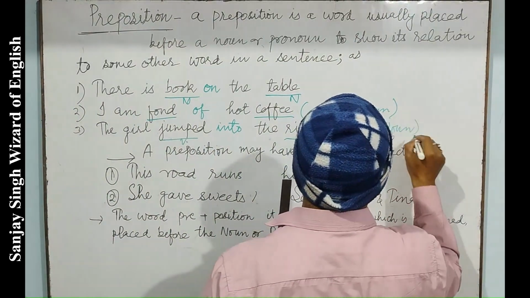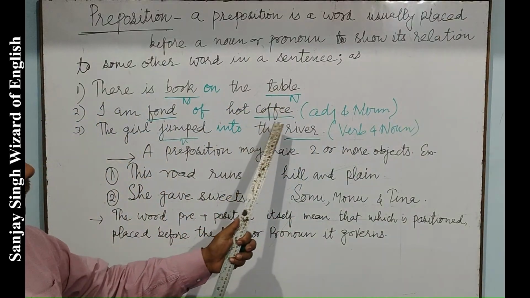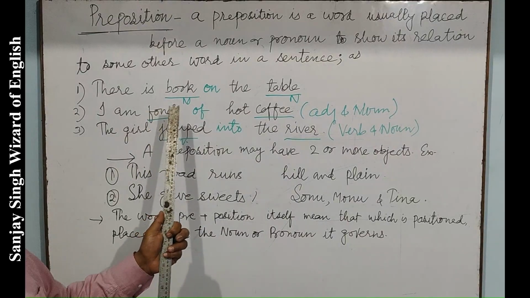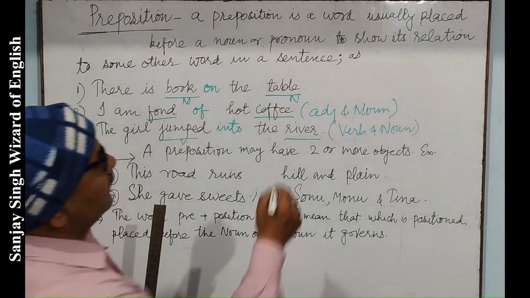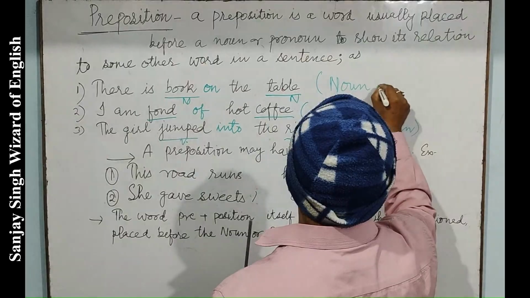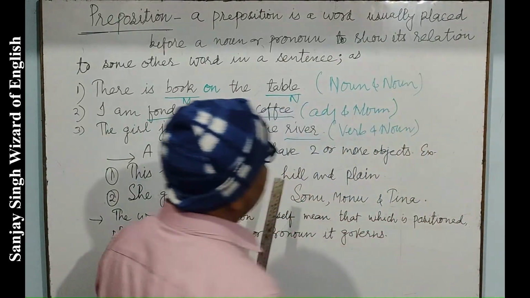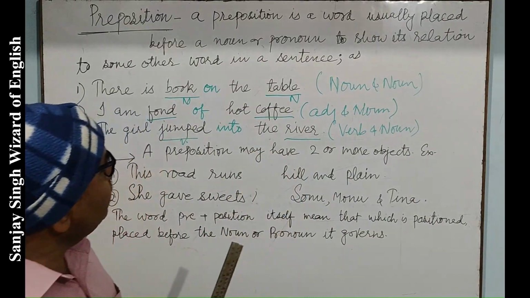So preposition is a word which is placed before noun or pronoun to show its relation with some other word in a sentence. So this way it becomes clear that here it is showing relation between noun and noun, and in the next sentence it is showing the relation between adjective and noun, and in the next sentence it is showing relation between verb and noun.